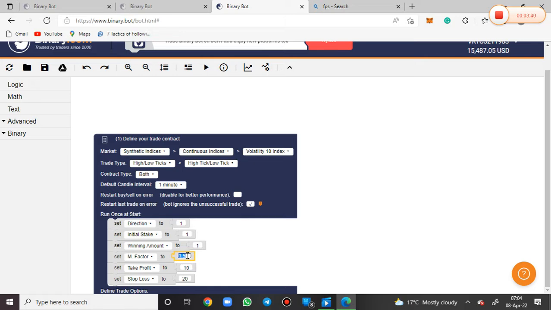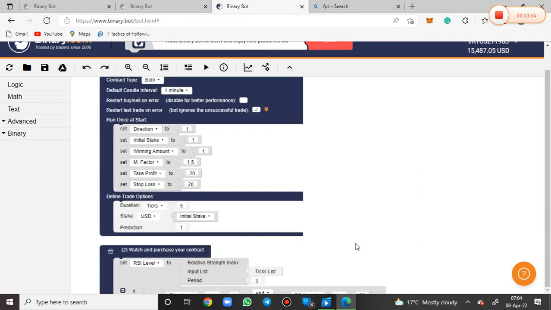Let's say we have it as 1.5. Then take profit is how much you intend to make, like your target. Let's say here we want to make $20, just as an example. Then stop loss is the highest acceptable amount you would like in case the bot makes consecutive losses. So you give it a higher figure, let's use 100, for example.